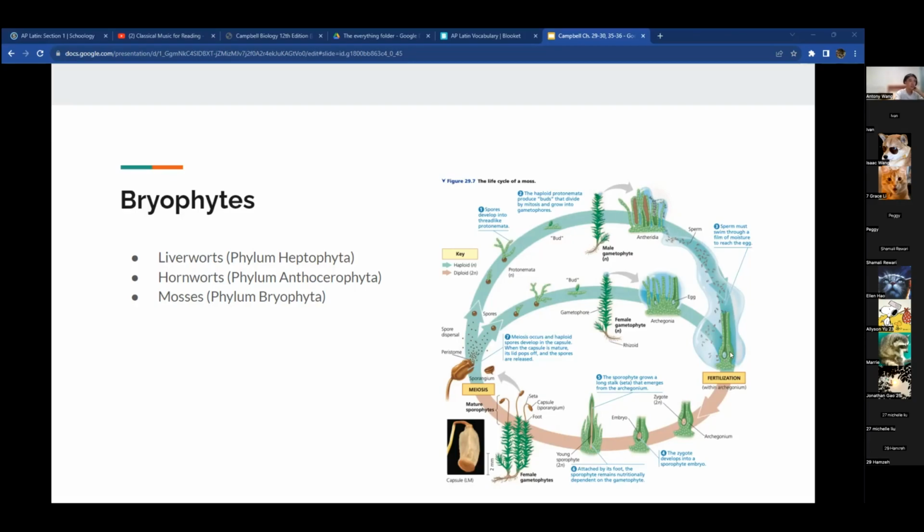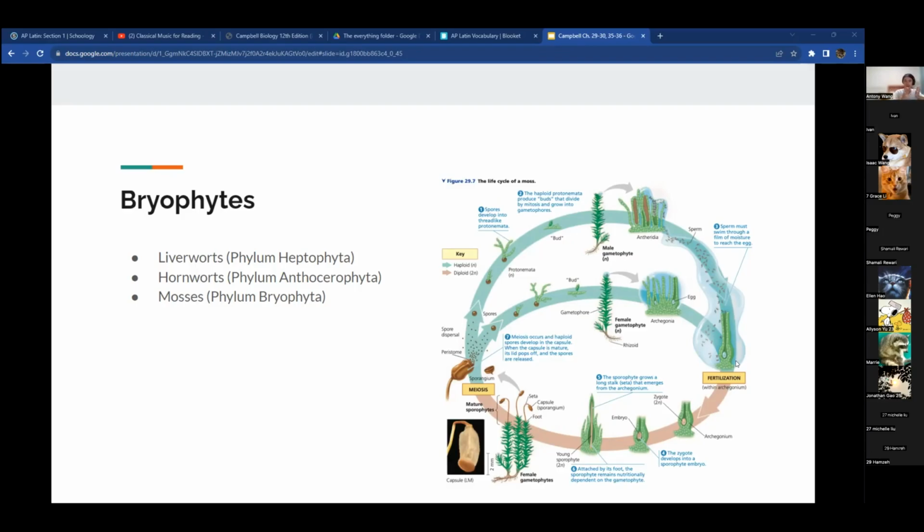One important thing to note is that mosses release their gametes into liquid. They have flagellated sperm, and therefore the sperm will swim towards the eggs. Because of that, mosses need to be in a humid aqueous environment so that their sperm are able to swim.